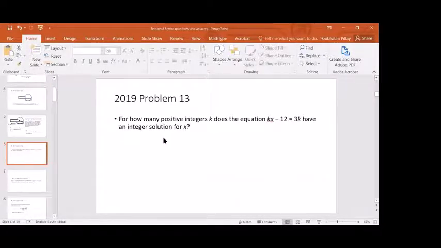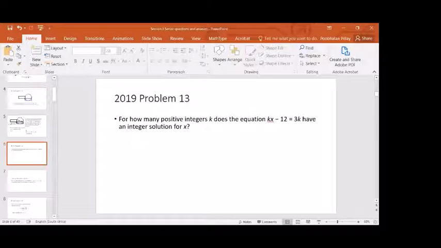And this is another interesting problem. For how many positive integers k does the equation kx minus 12 equals 3k have an integer solution for x? So we need to find, you got an equation with two unknowns, k and x, but you're looking for integer solutions.